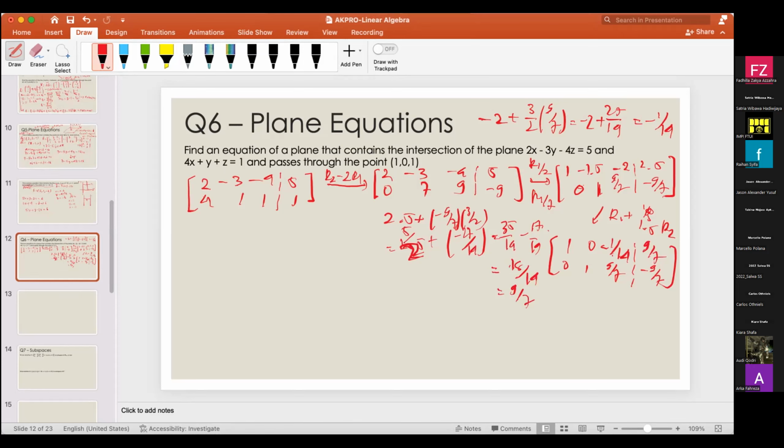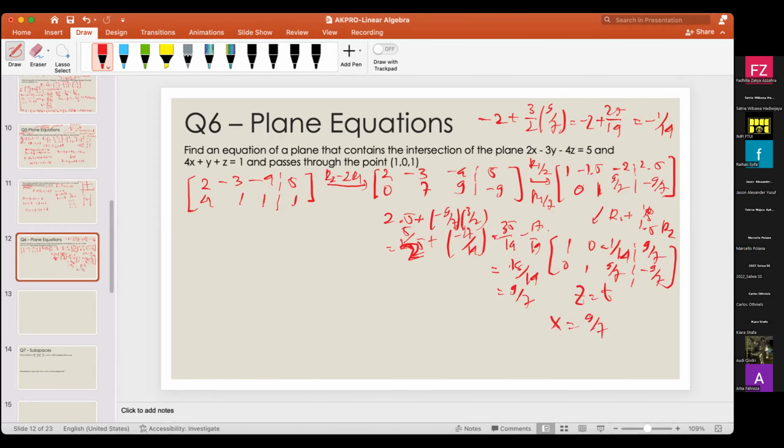And as you can see, Z does not have a leading one. So if that happens, what we do is make Z equal to T, which is a parameter. And what we're going to get is X equals 9 over 7.